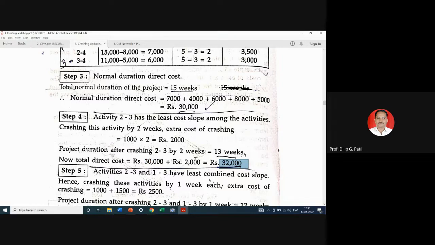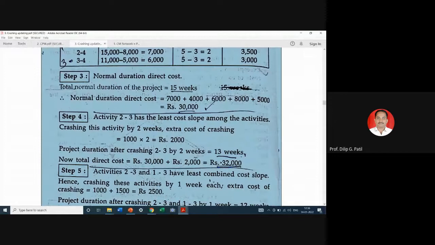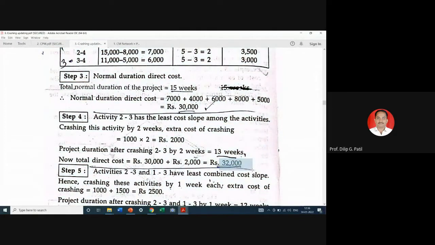So for second case or second time duration, the duration of the project will be 13 weeks. Direct cost will be, instead of 30,000, it will be 32,000.